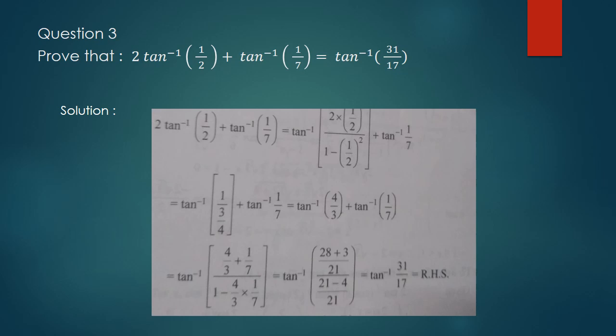Question 3. Prove that 2 tan inverse 1 by 2 plus tan inverse 1 by 7 is equal to tan inverse 31 by 17.